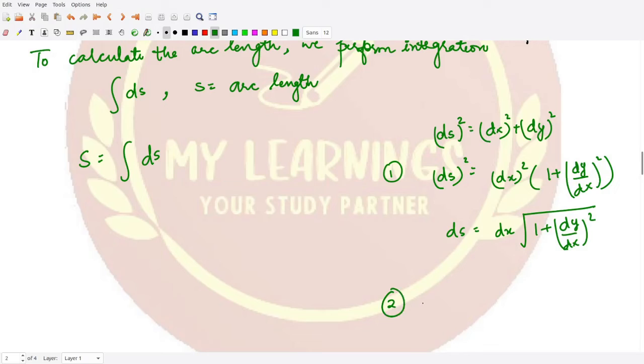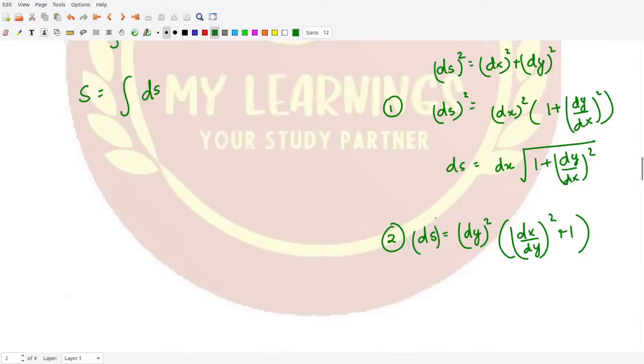Now second thing, I could represent the same ds like this also. In place of taking dx square as common, now we can take dy square as common. So you would be left with (dx upon dy) whole square plus 1 here. So that you have ds as dy times the square root of 1 plus (dx upon dy) whole square. So you have these two ways of representing this. Why am I taking both the ways?